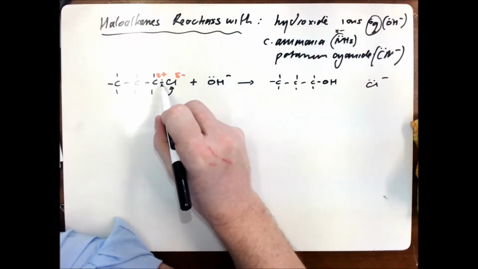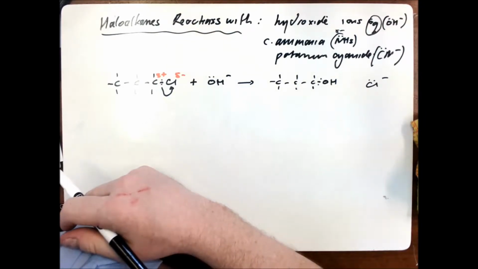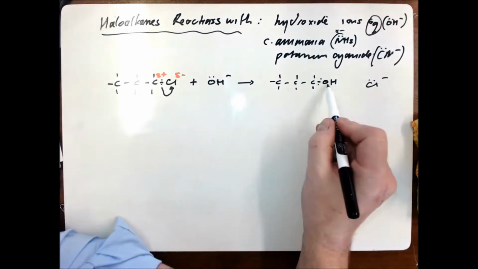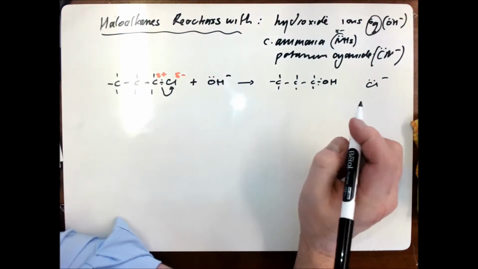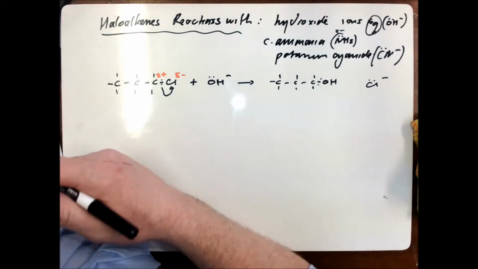If both these electrons have gone, the new bond is formed by the lone pair on the OH, and we get an alcohol. So we've gone from 1-chloropropane to propan-1-ol over here. That's as simple as it is.